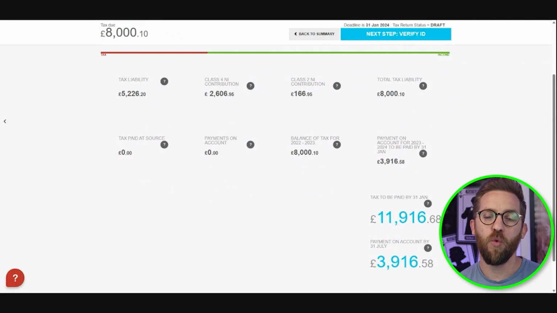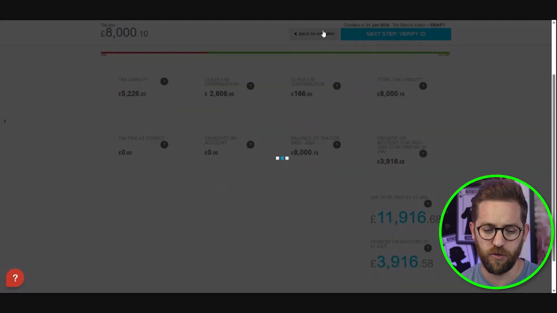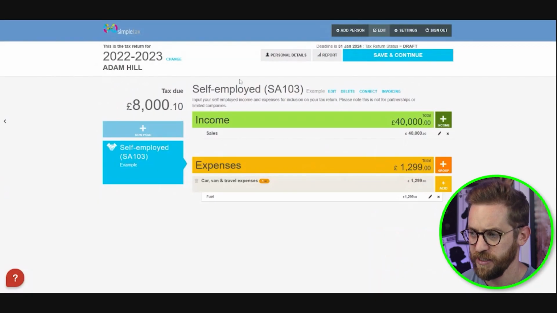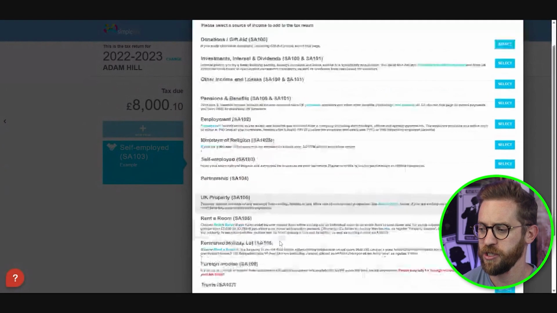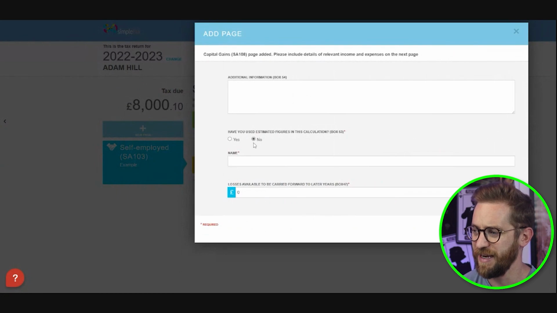Now, I will just point out one thing here, because I don't think the HMRC guidance is particularly clear on this, but not all income on your self-assessment tax return will actually count towards your payments on account. So just to show you this as an example, if I head back to the data entry pages, if I add a new page, and I look at capital gains income, I can put any gain in here.